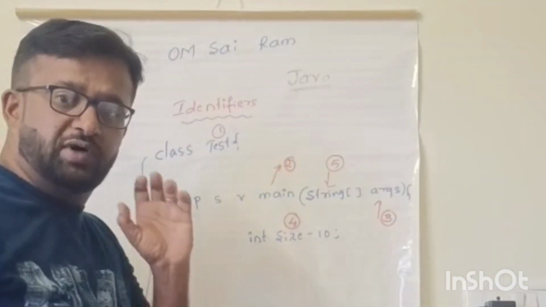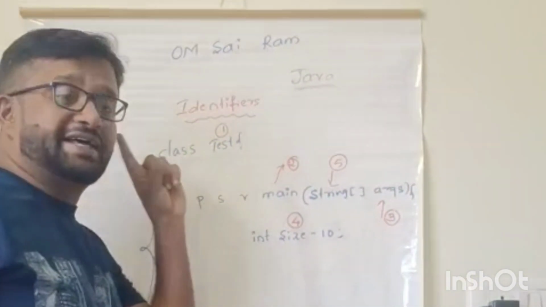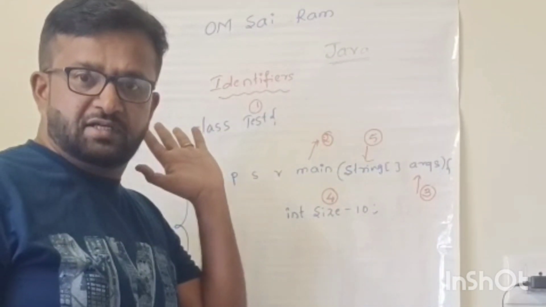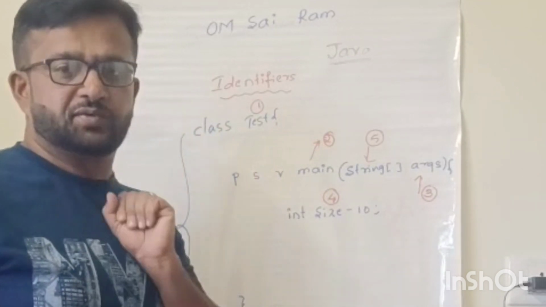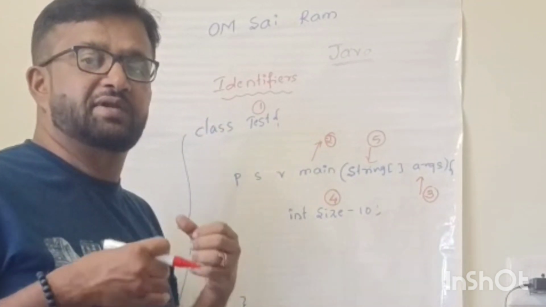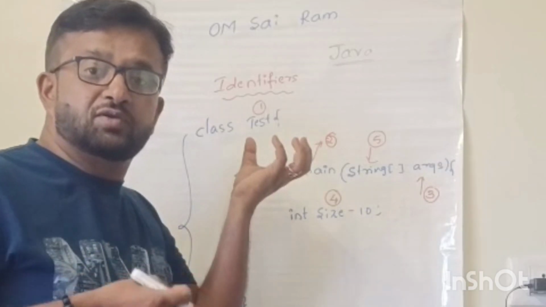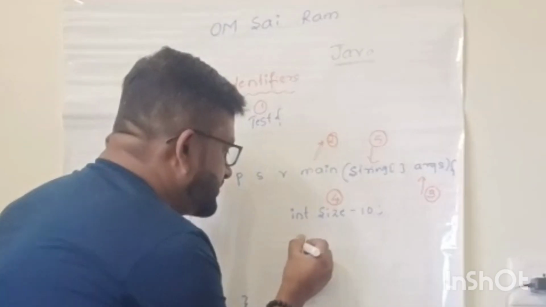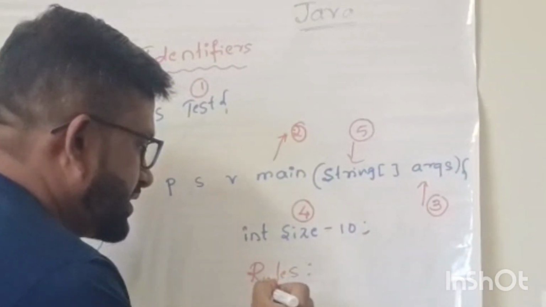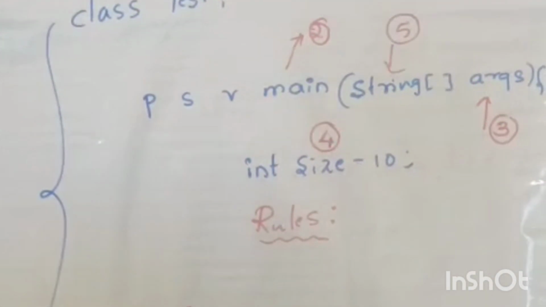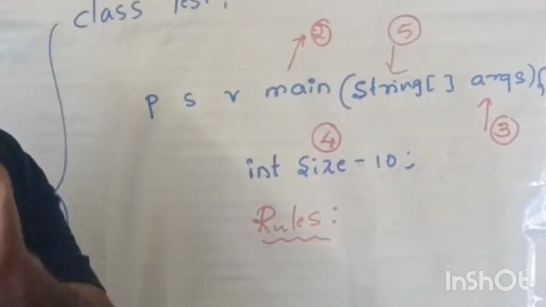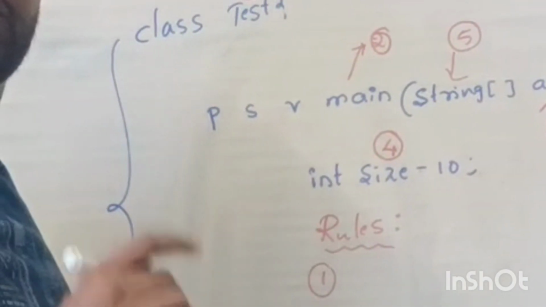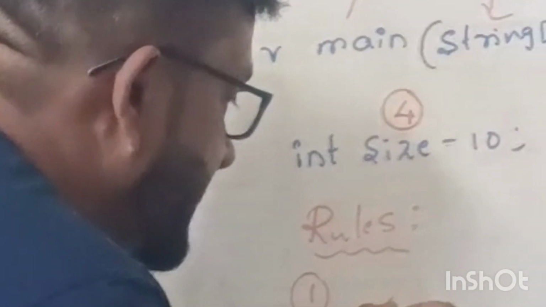Now one thing you have to understand: whenever you are creating any identifier, either a class, a variable or a method, we have to follow certain rules. So what are the rules? The first rule is the identifier name should be within the allowed characters only.